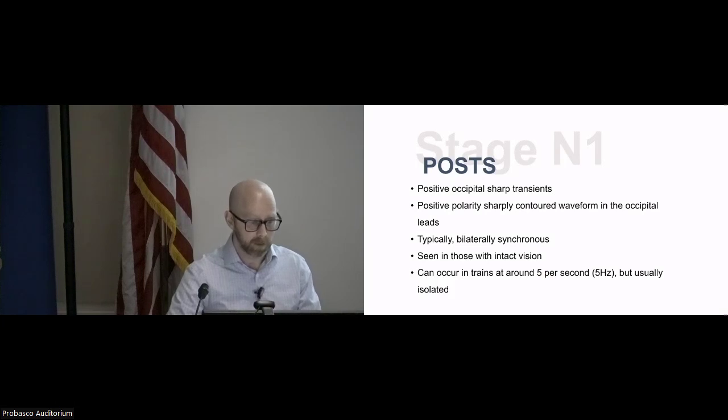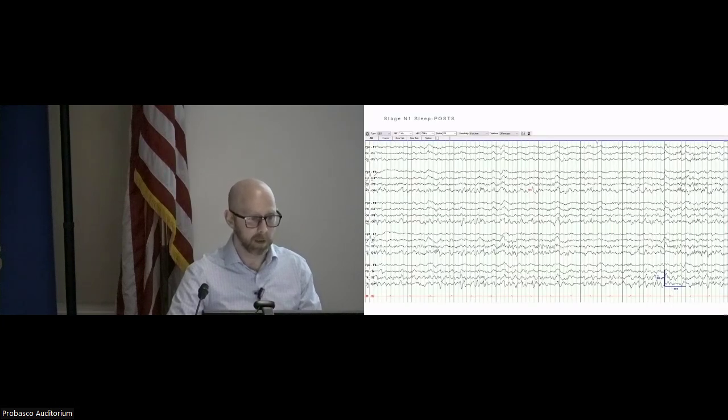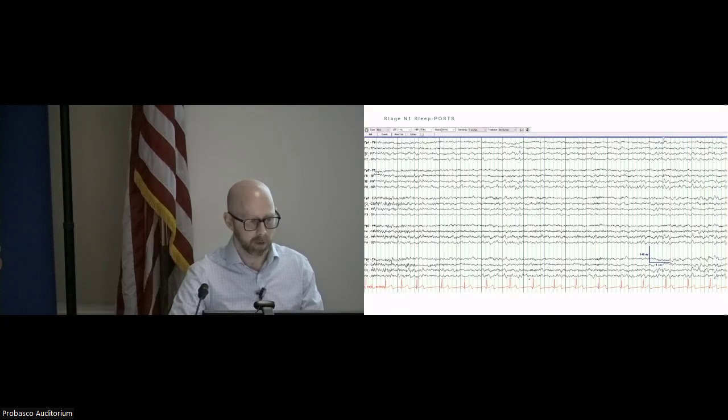And this is what they look like, kind of like the lambda waves. If you were to put in another phantom electrode or use a different montage, you might see it's a positive polarity finding. So these are normal in sleep, and you're going to see these a lot on your EEGs.